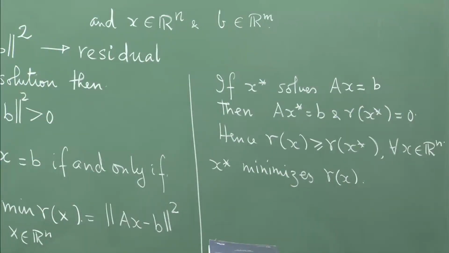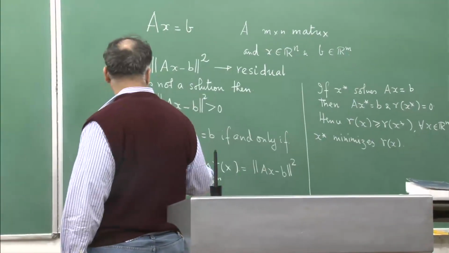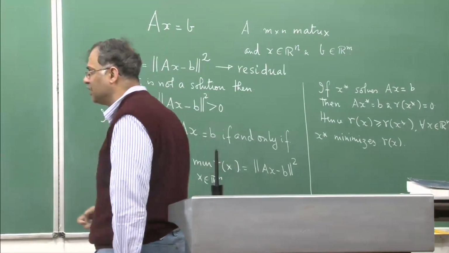Now, if x star minimizes R x, how do I show that x star would solve A x star equal to B?